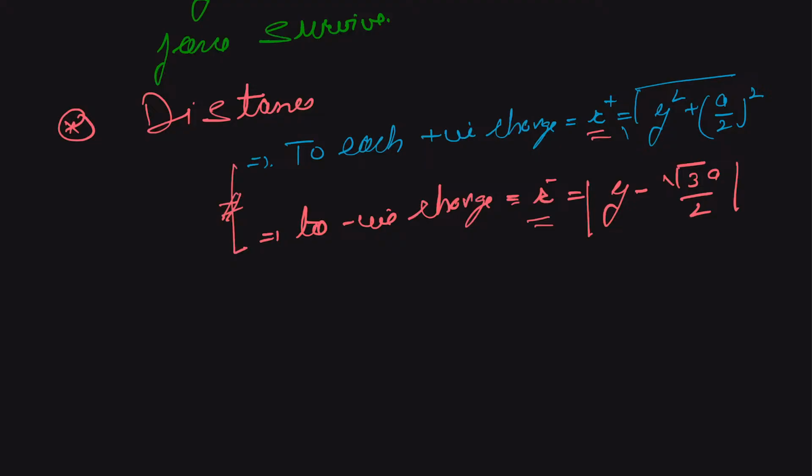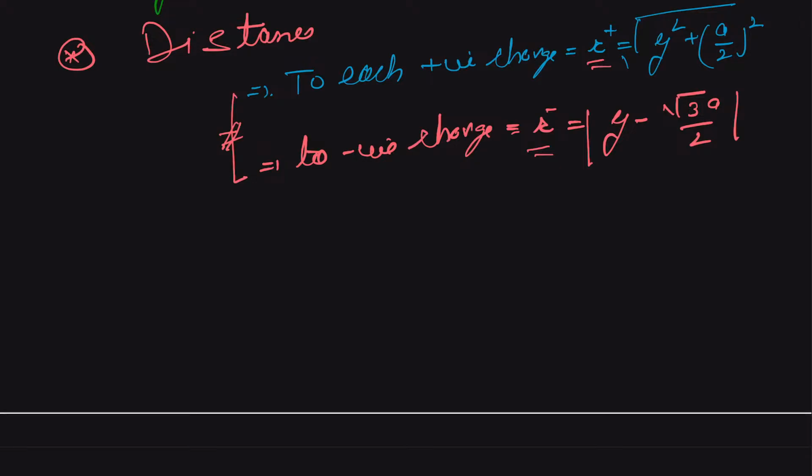This symmetry is only with respect to left and right. So because of this left-right symmetry, the horizontal components of the forces are going to balance out, and only the vertical component, with respect to y, will be left.